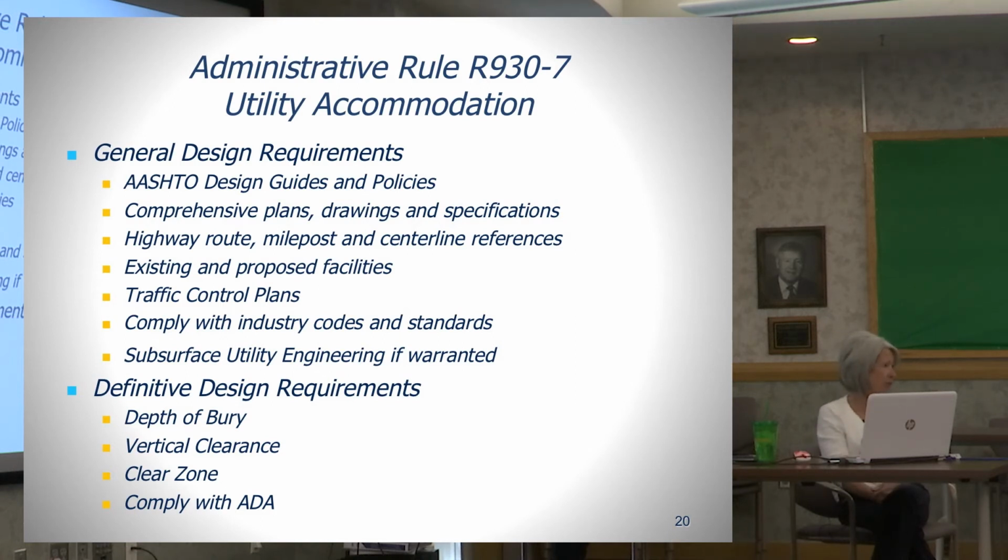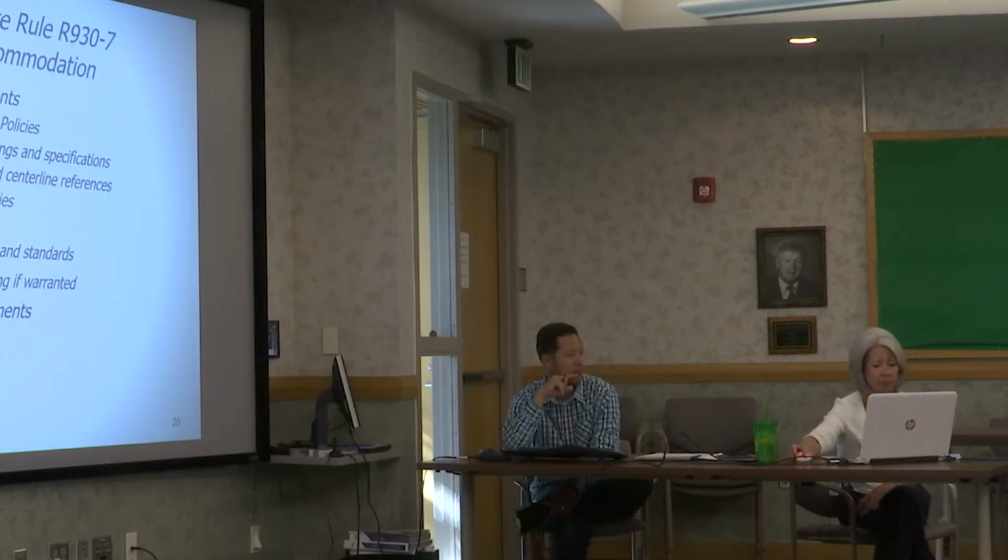There are requirements, environmental compliance for utility installations, and historic and archaeological requirements for installations. So when you're planning a project, when you're designing a project and you're coordinating with utility companies, all of these definitive design requirements of the accommodation rule need to be applied to the planning that you're doing with utility companies.